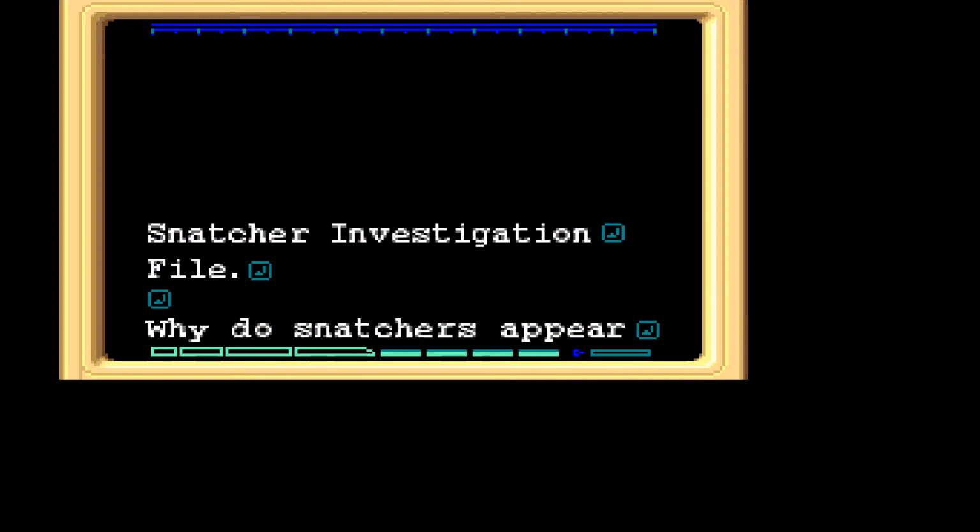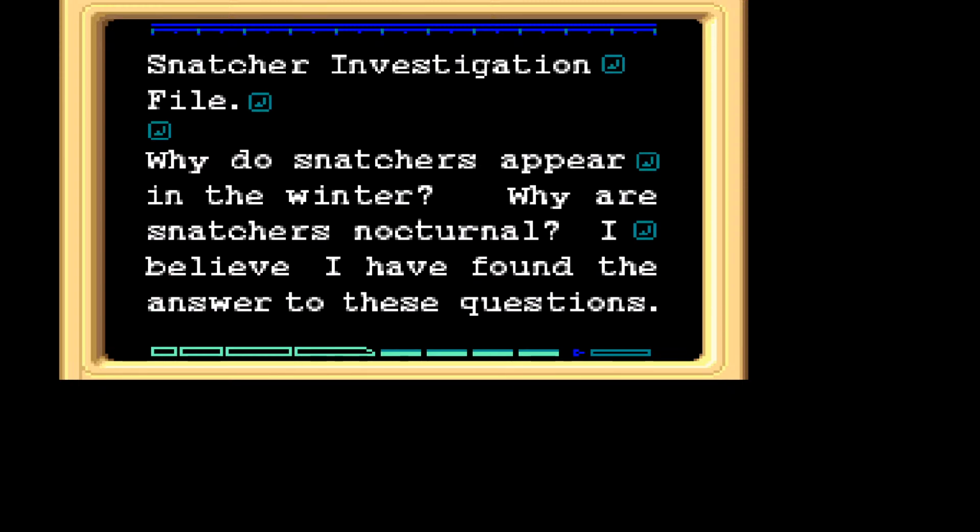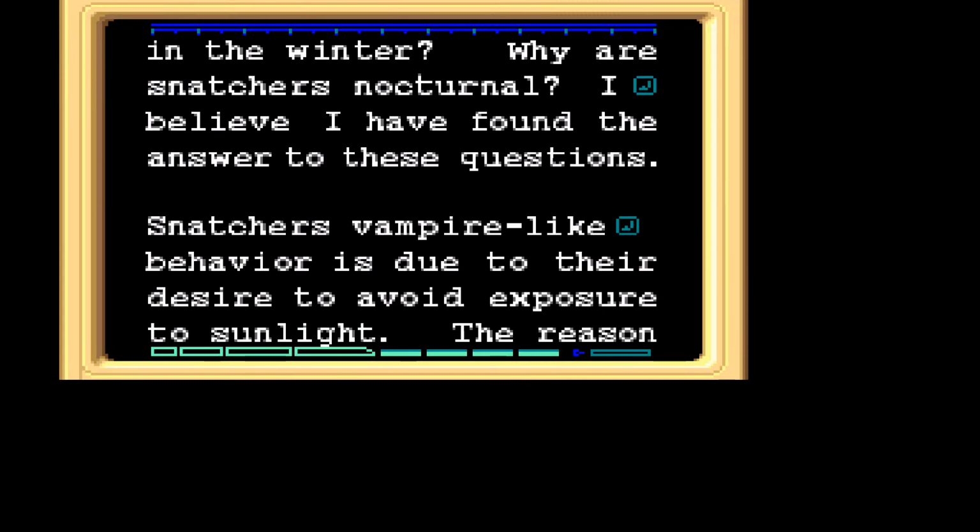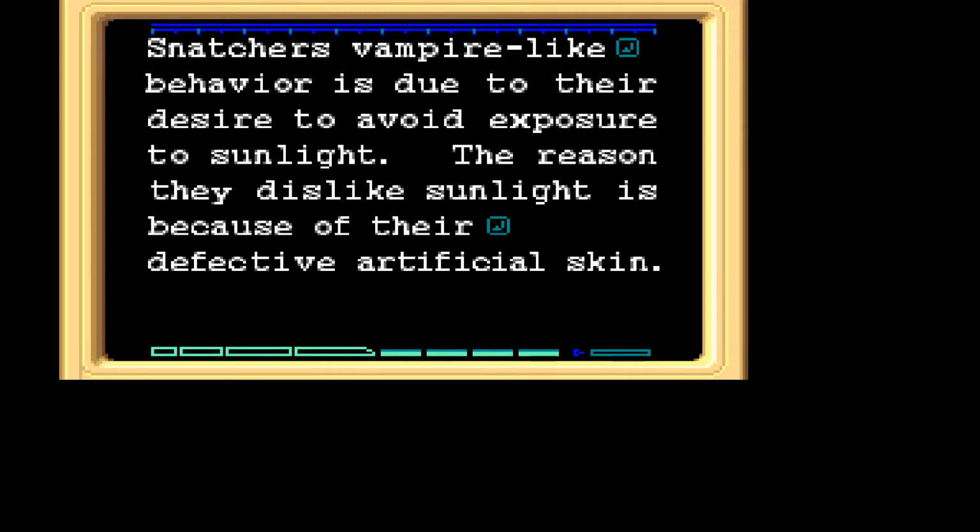The machine is reading the disk. Here it is. Snatcher investigation file. Why do Snatchers appear in the winter? Why are Snatchers nocturnal? I believe I have found the answer to these questions. Snatchers' vampire-like behavior is due to their desire to avoid exposure to sunlight.